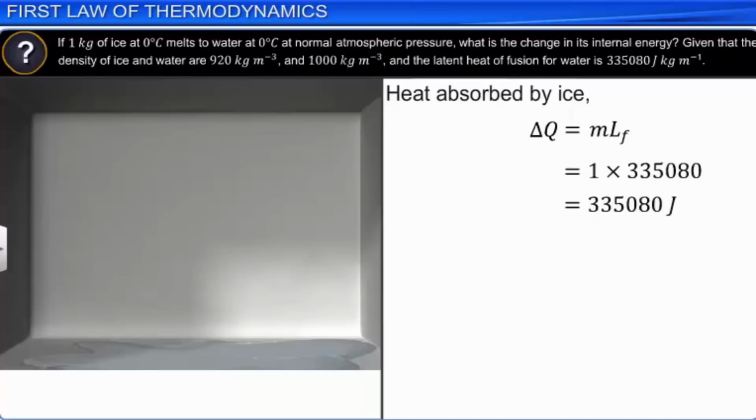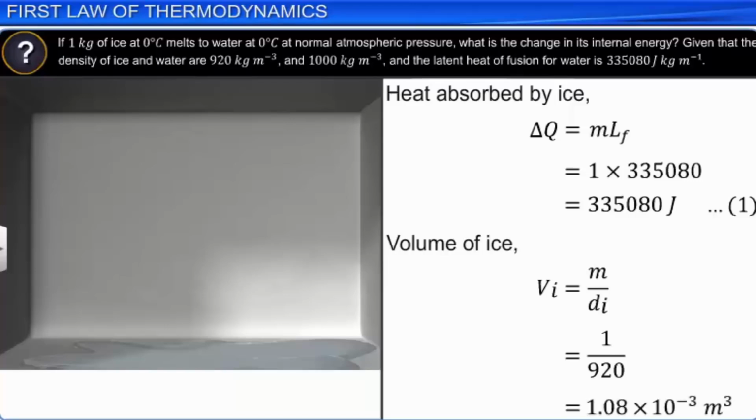If the volume of ice and water are represented by VI and VW, then VI is equal to m by dI, which is equal to 1 by 920, which is equal to 1.08 into 10 power minus 3 meter cube.